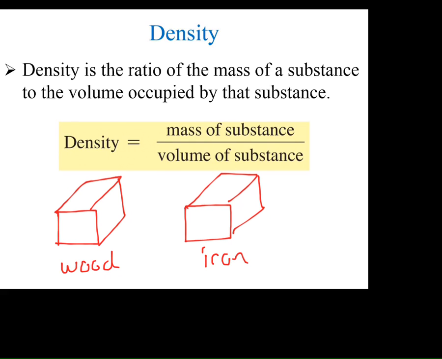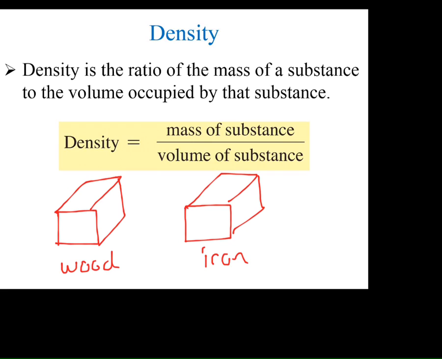Well, they're the exact same size block, have the exact same volume, but obviously the iron would weigh more than the wood. Well, why is that? Well, there's more matter, more mass crammed in that same volume. So the iron has a higher density than the wood does.